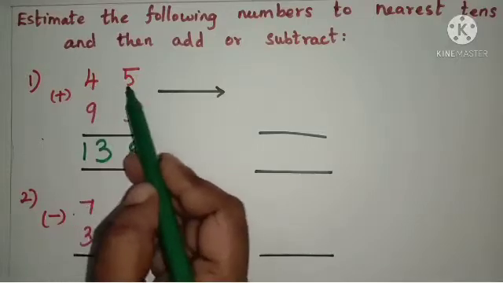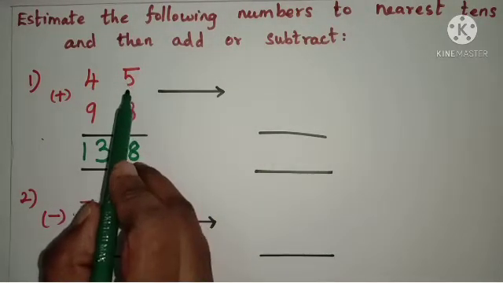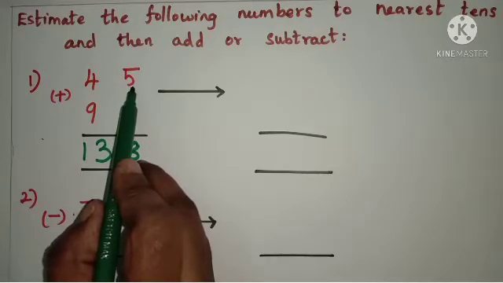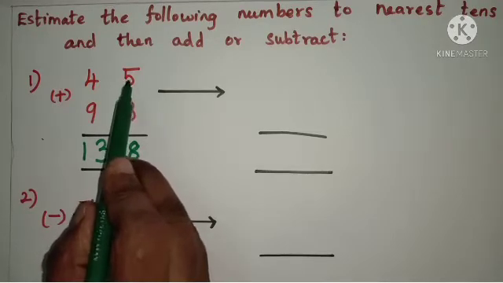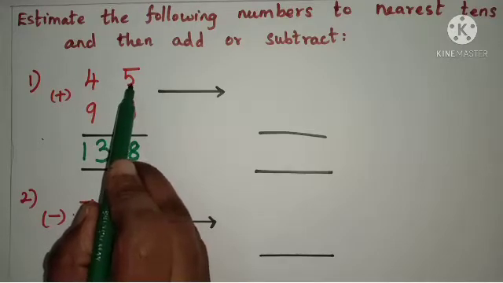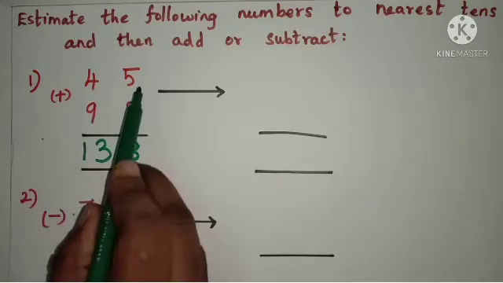First children, 45. What is the first step? We have to see the unit digit of the given number. Here unit digit is 5, exactly 5. If the unit digit is equal to or greater than 5, add 1 to the previous digit and make the unit digit as 0.